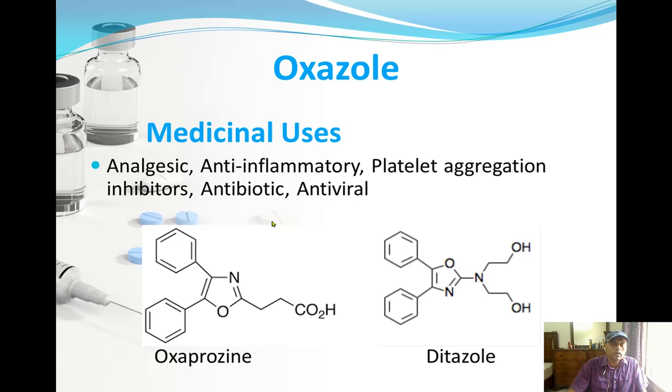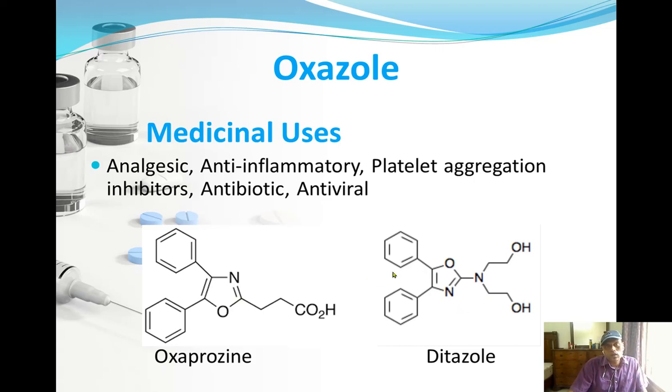It is used in rheumatic conditions. Rheumatism is nothing but inflammation in the joints. So it is used as an anti-rheumatic medicine, or in rheumatic disorders like rheumatoid arthritis and osteoarthritis.